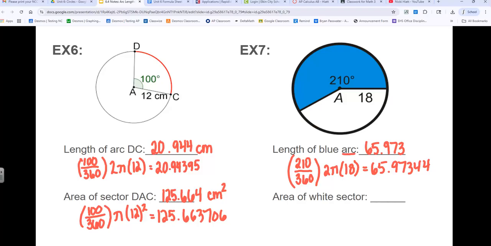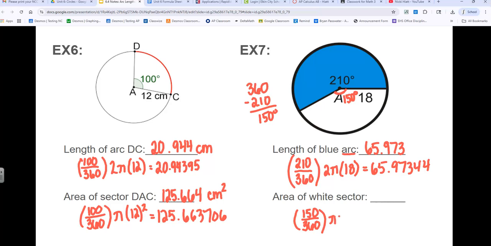Second part is just slightly trickier. It asked me for the area of the white sector, not the blue one where we already have the angle. But it's only slightly trickier. I just need to know what this central angle right here would be. So to find that, I will do 360 minus 210, and I will get 150 degrees. So this angle here should be 150 degrees. So to find the area of the white sector, I will do 150 divided by 360 times the area.